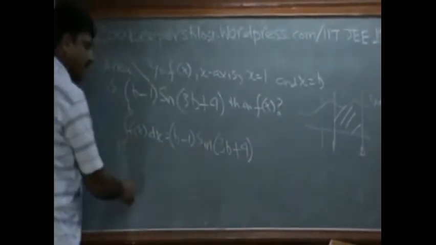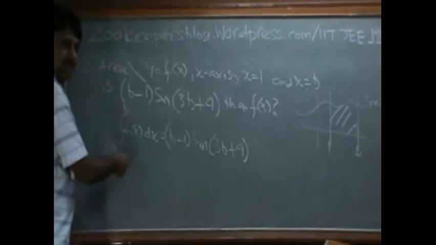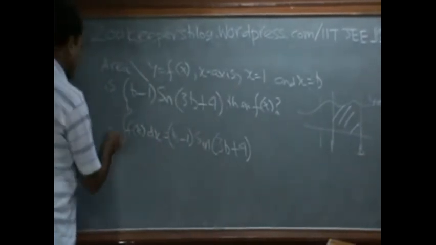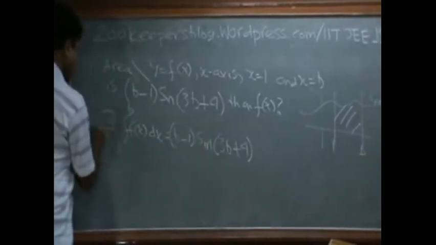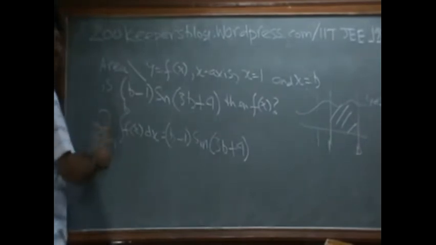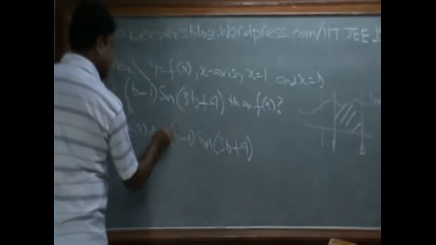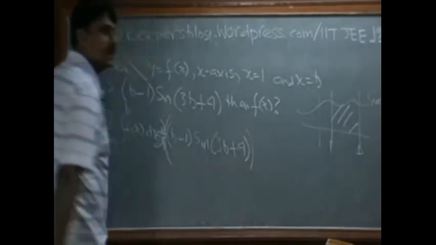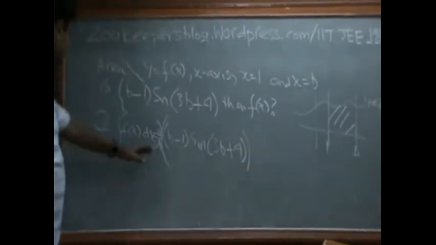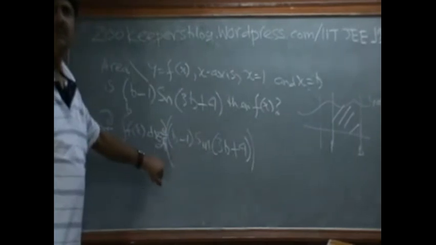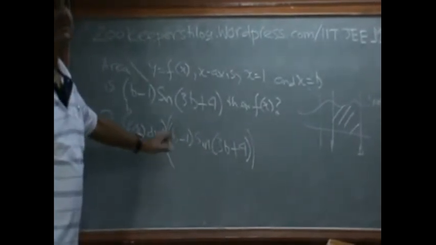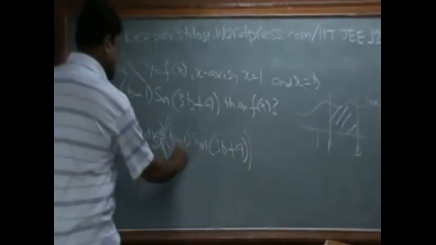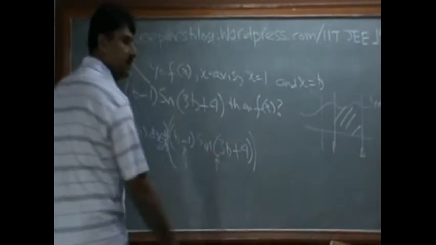So I'm not writing it again. Basically, I should write it in the next step, but just to save space, what I write del b, and this side also I write del b of this whole thing. But this is just a function in b, as it is a variable. This is a differentiation with respect to b, and this is the first function and this is the second function. b minus 1 is the first function.